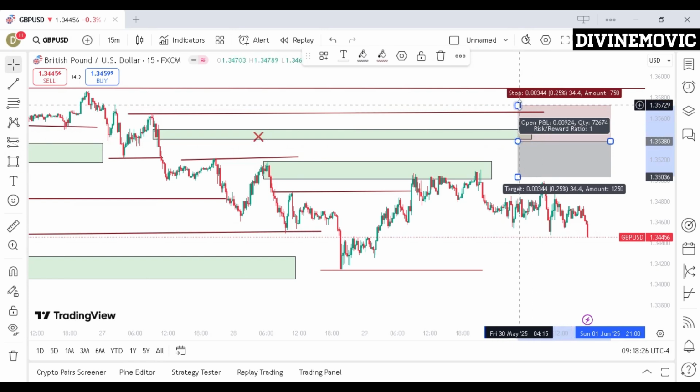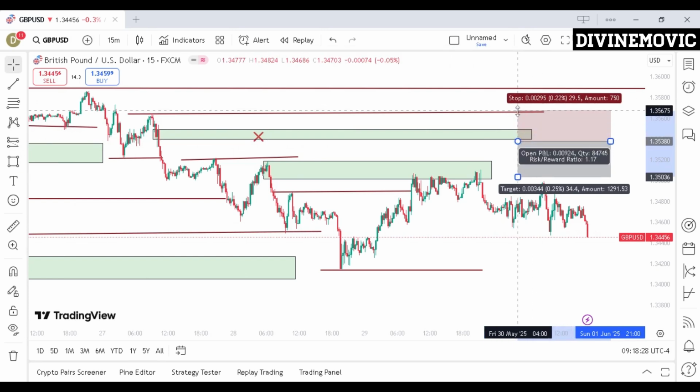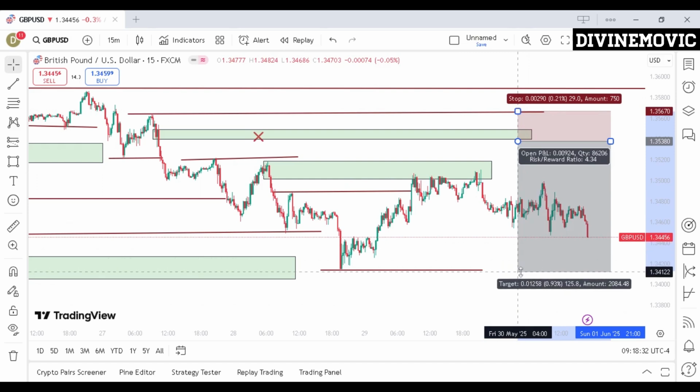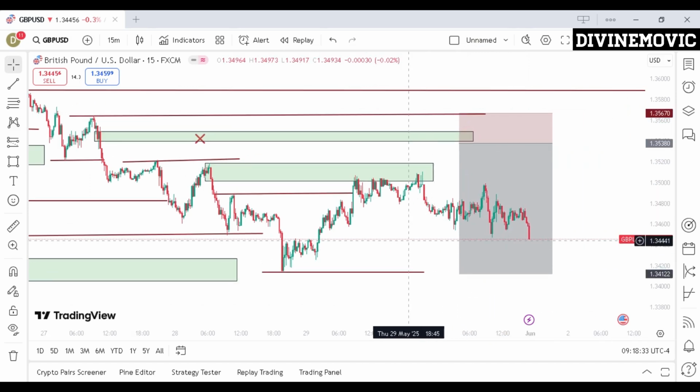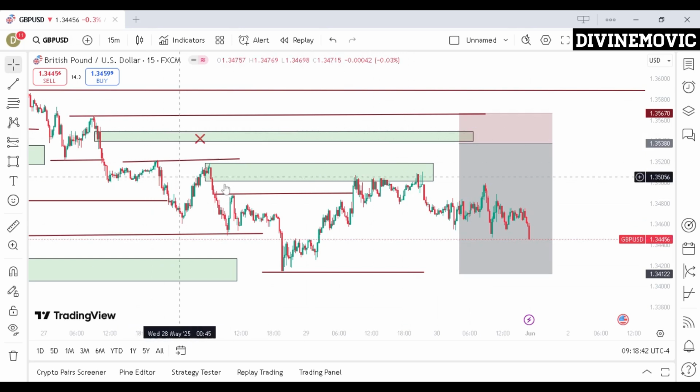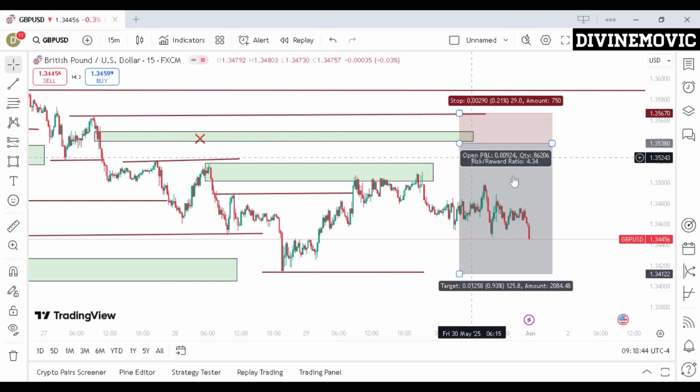My stop loss right at this point here, my take profit at this low here. This is going to be a good entry for a sell. And the reason is because all of this place is going to be a liquidity to hold at this POI to continue the sell.